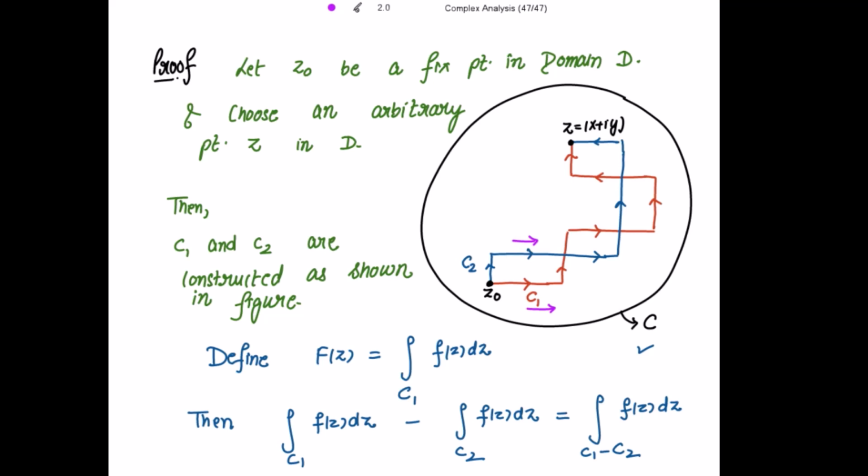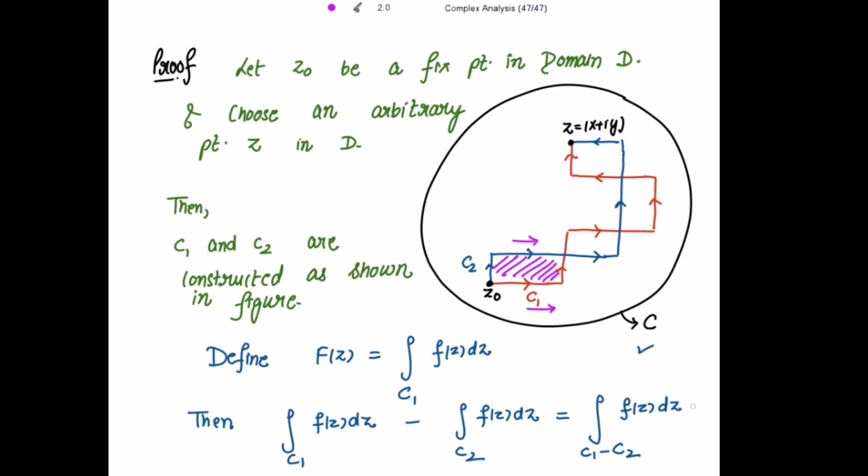Because of the opposite directions, if I need to take the integral along this first rectangle, then that will be along C1 plus C2, and because of the opposite direction, I have written here the negative sign. So we should write C1 minus C2, right? The integral along C1 minus C2 for the first rectangle. Is it okay, fine? Right?